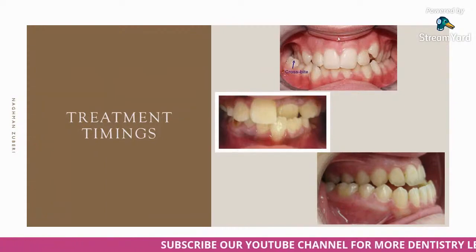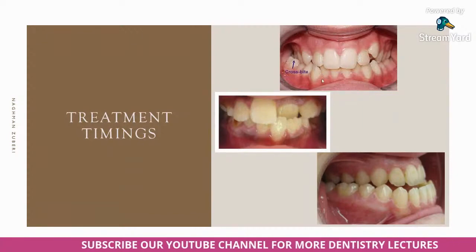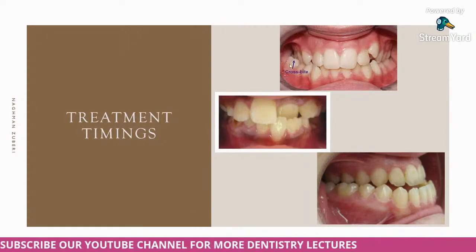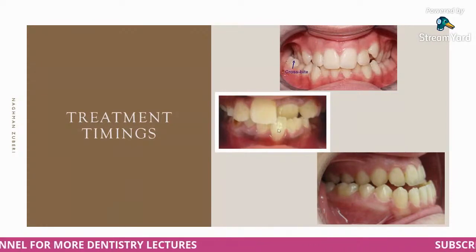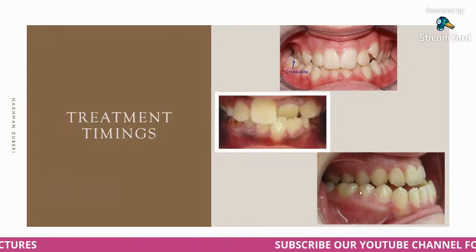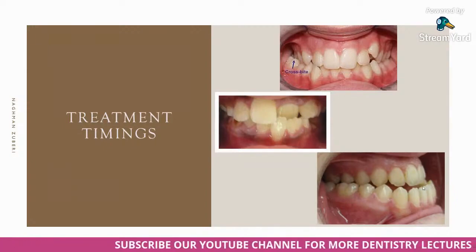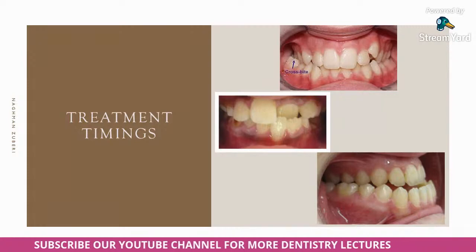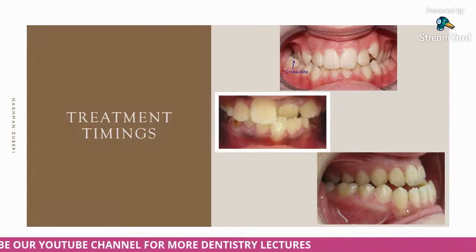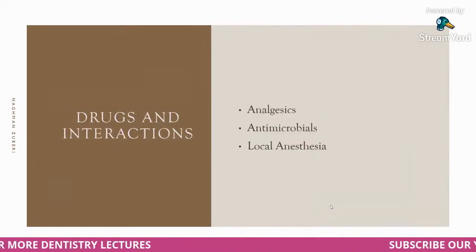And whenever there is a functional crossbite, no matter if it is posterior crossbite or anterior crossbite, or an anterior dental crossbite, we are going to treat those immediately. But anterior skeletal crossbites or typical class 3 cases, we wait till the patient's growth is completed, then we are going to manage it surgically.